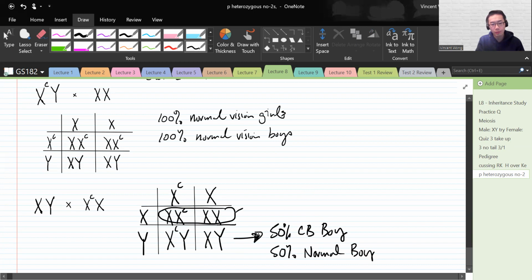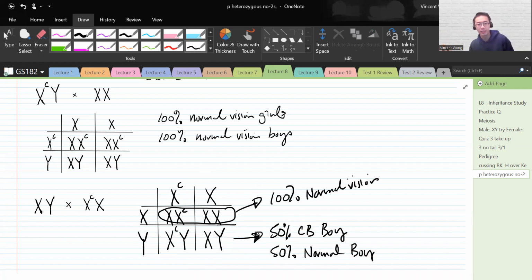For the daughter, 100% normal vision. It's impossible for the daughter to be colorblind in this case. There is a chance that she's going to be a carrier, but that's okay. Carrier is not going to make her colorblind. Okay. So that is that.